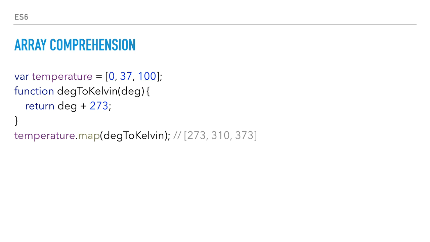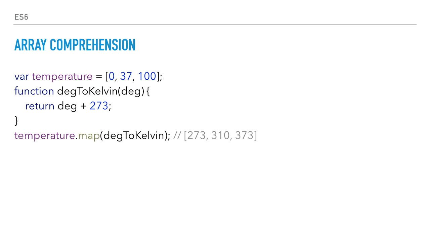So this is a mapping function. For those that have worked with Mongo, this is the concept of map reduce. We apply a mapping function to an original array, and then we have another array with the new values. So this is what array comprehension is.